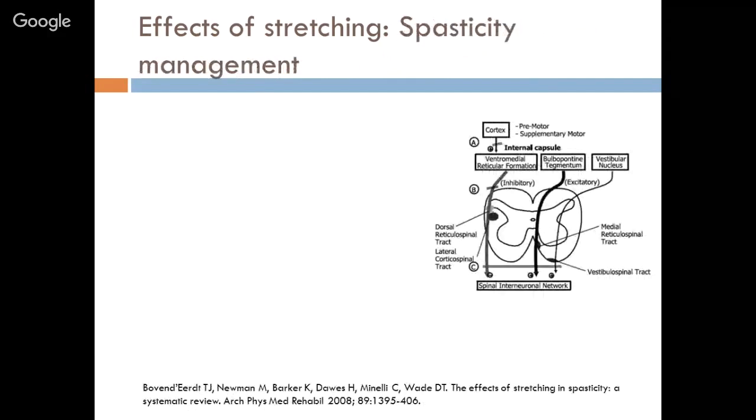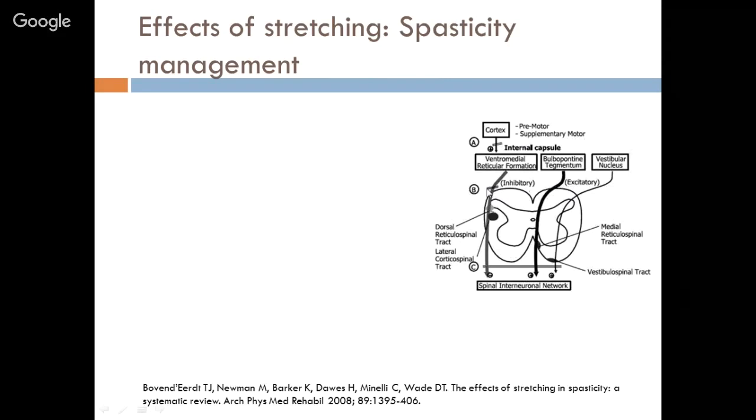So the next question may be of interest to people who are primarily working with neurological populations. Effects of stretching on spasticity, which is often used. What does the evidence say? Before looking into what the evidence says, I just want to point out that spasticity, especially in neurological populations, is primarily due to an imbalance between excitatory and inhibitory inputs.